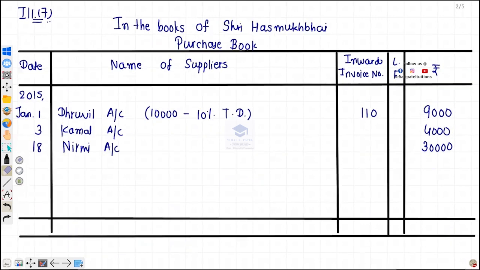The purchase book નું જે total હોય, it is called total credit purchase. So આના પરથી આપણને ખબર પડે કે during the given time period આપણે કેટલા goods credit ઉપર purchase કર્યા, 9,000, 4,000 and 30,000.